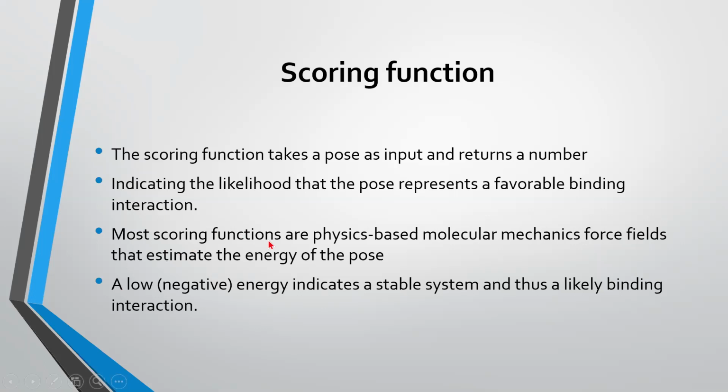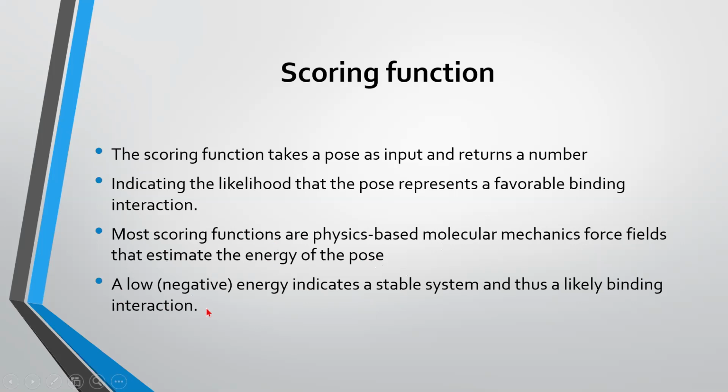Most of the scoring functions are physics-based molecular mechanics force fields, which estimate the energy of the pose. As I told you earlier, the scoring function is calculating the energy of each conformation. And as you all know, the low energy system is the most stable system. Likewise, a low energy indicates a stable system and thus a likely binding interaction.